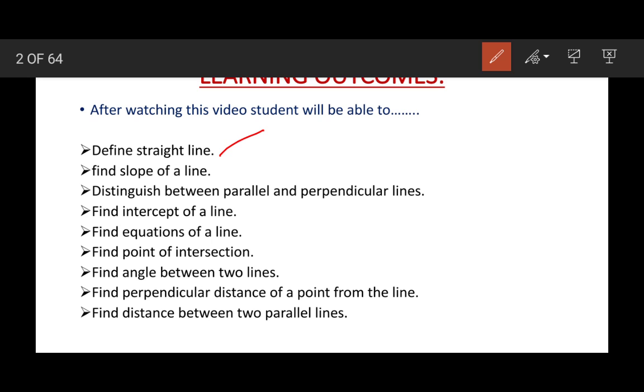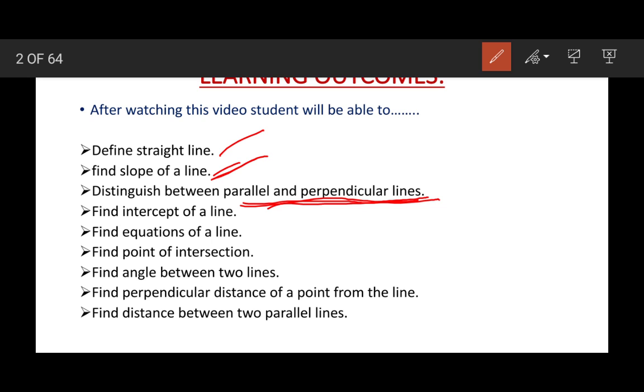Then you will be able to find the slope of a line. You can not only define the slope of a line, but also find it. Then you will be able to distinguish between parallel and perpendicular lines. In terms of slope, you will also be able to solve the sums based on parallel and perpendicular lines.